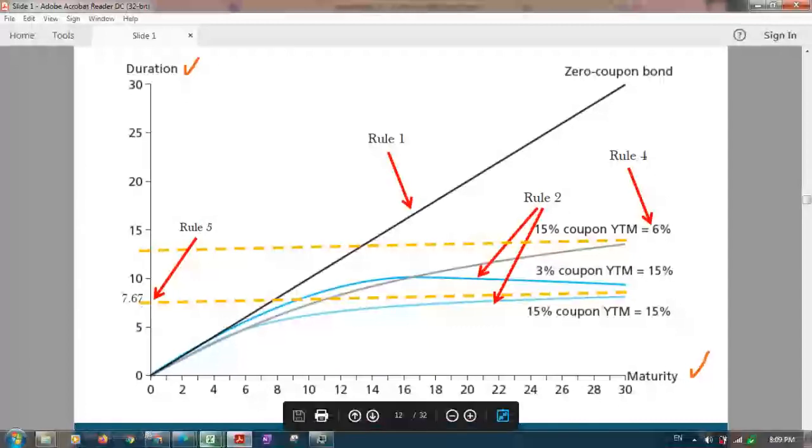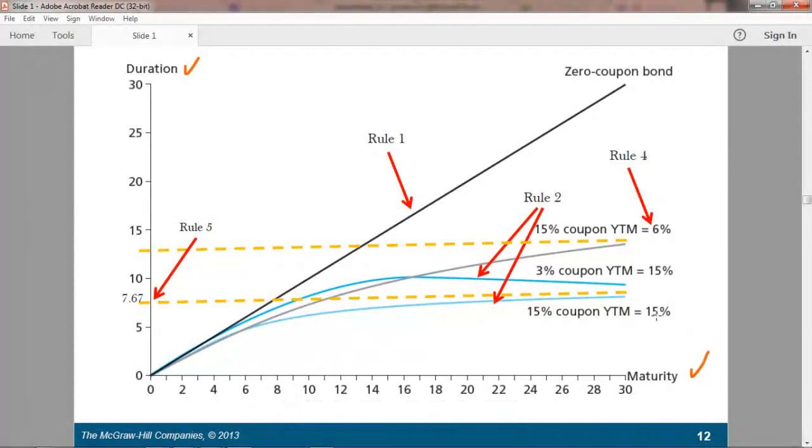But the duration of something like this, 15% coupon rate, yield to maturity 15%, I calculated it before. This is a 15% coupon, which is better than 10% coupon.